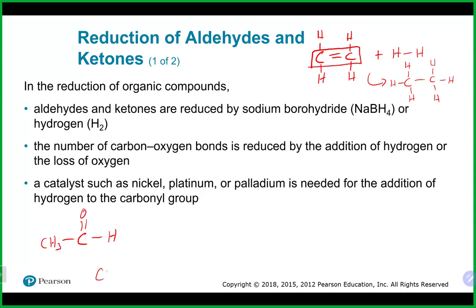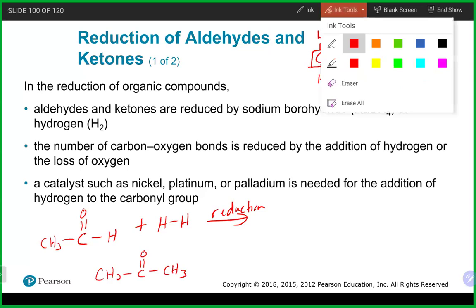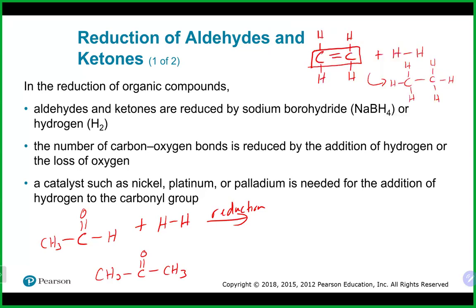And if we did our ketone, we have our ketone that looks like that. So if we were going to add hydrogen to this, which is basically the reduction reaction that's happening, once again, it's all going to proceed at that carbon oxygen double bond. So it's really all about that spot right there.